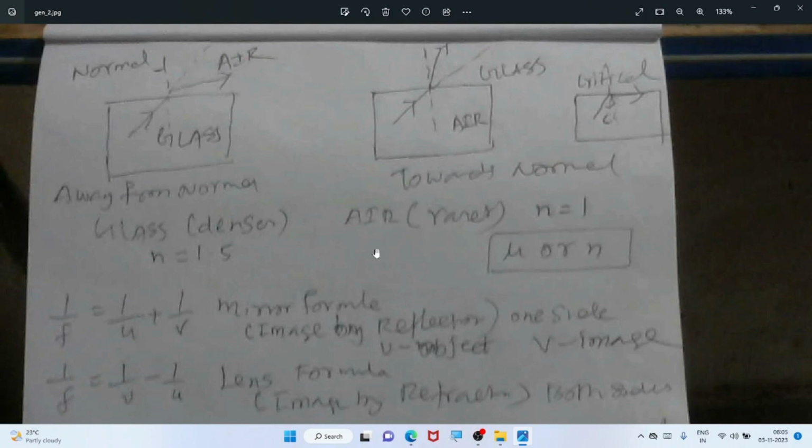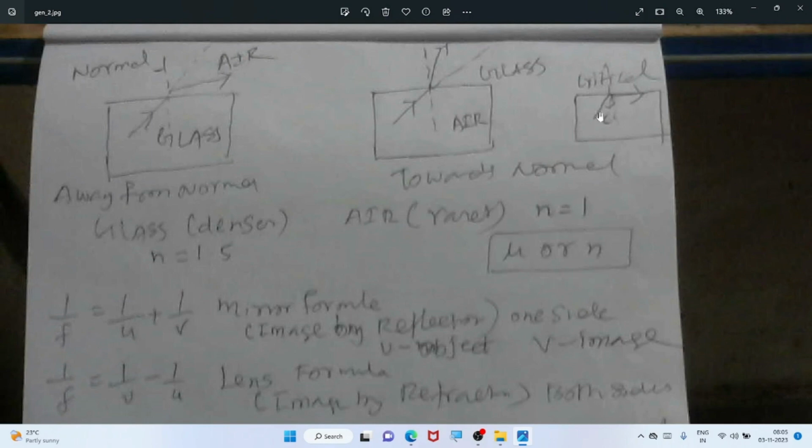When light goes from denser to rarer medium and the angle exceeds some value, at some angle the refraction will be along the surface. When the refraction is along the surface, this incident angle is called the critical angle. Denser to rarer, light refracts away from the normal.